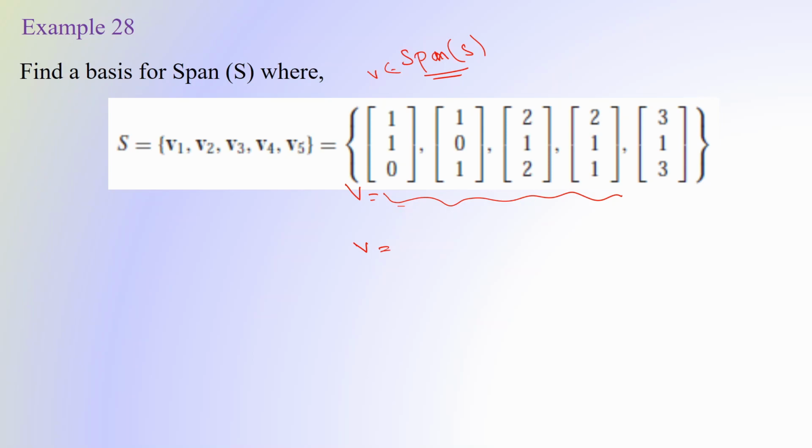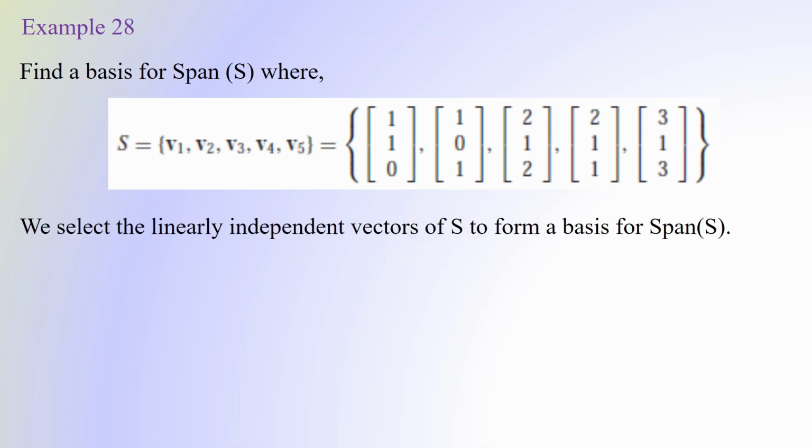To find a basis, you need to take a linearly independent set of vectors from this S. To do that, we select linearly independent vectors of S to form a basis for span S. Now just consider a linear combination equal to 0.